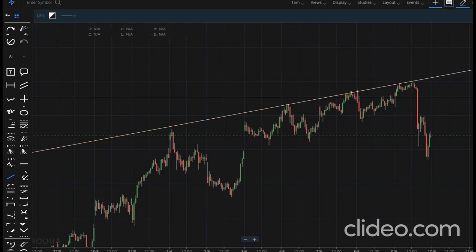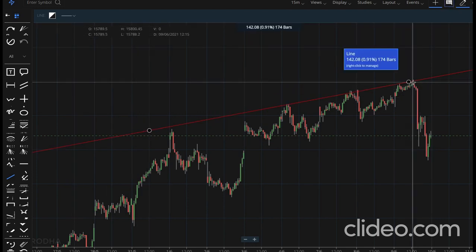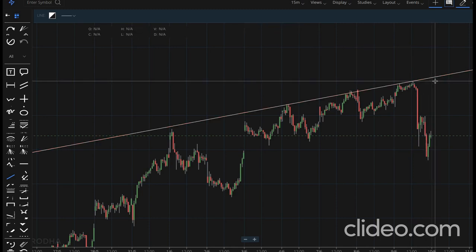Let's see the candle high value here. So as you can see, if you set 15,800, then you would have triggered, and after that you would have made a decent money, and you could have kept 20% stop loss.